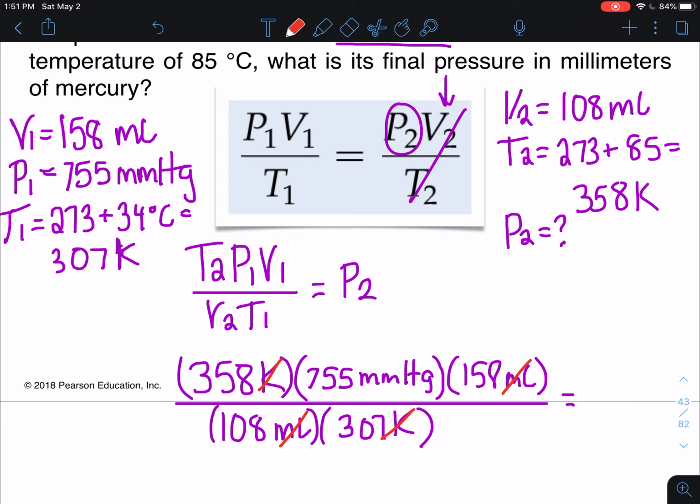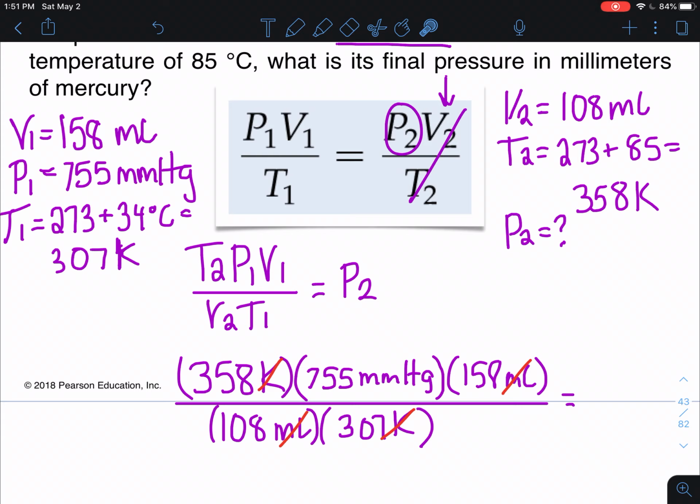And we're looking at the fact that our temperature started out at 307, okay, and it ended at 358, so it raised, right? But we don't have a direct relationship for temperature and pressure necessarily. We do know that if temperature goes up, pressure essentially should go up, because what are we doing?